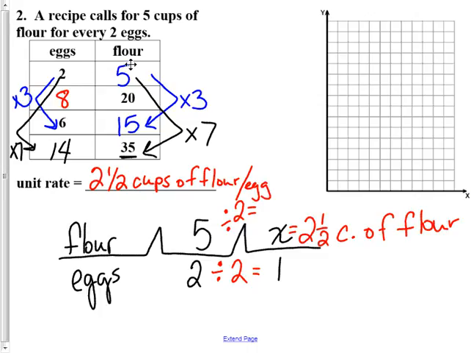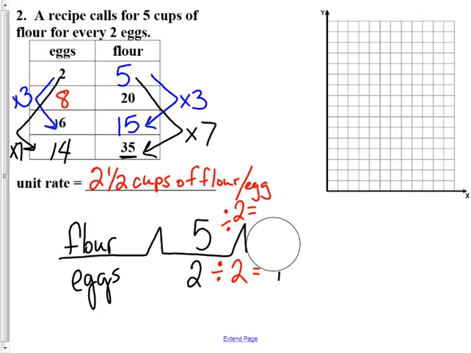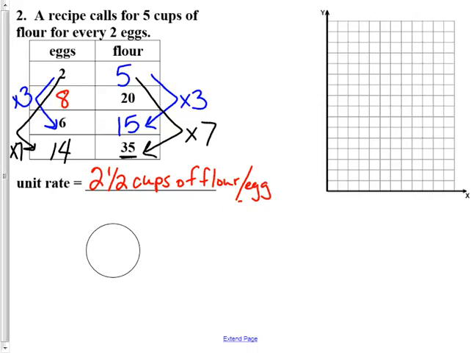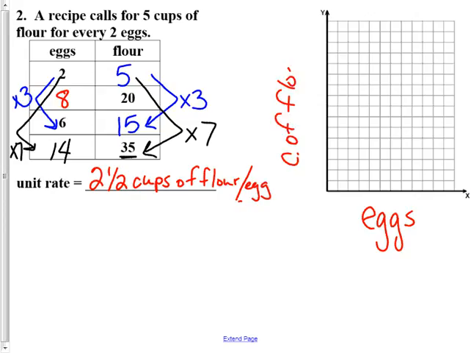Now, last but not least, we want to graph this. And when we do that, along our x-axis, we're going to put the number of eggs. And along the y-axis, we're going to put the cups of flour. So when we go to label this, the greatest number of eggs we have is 14.